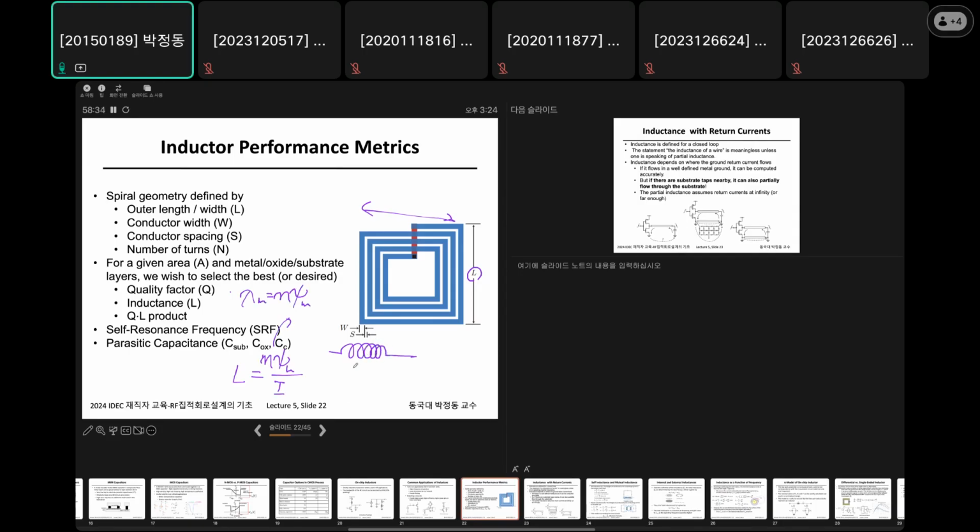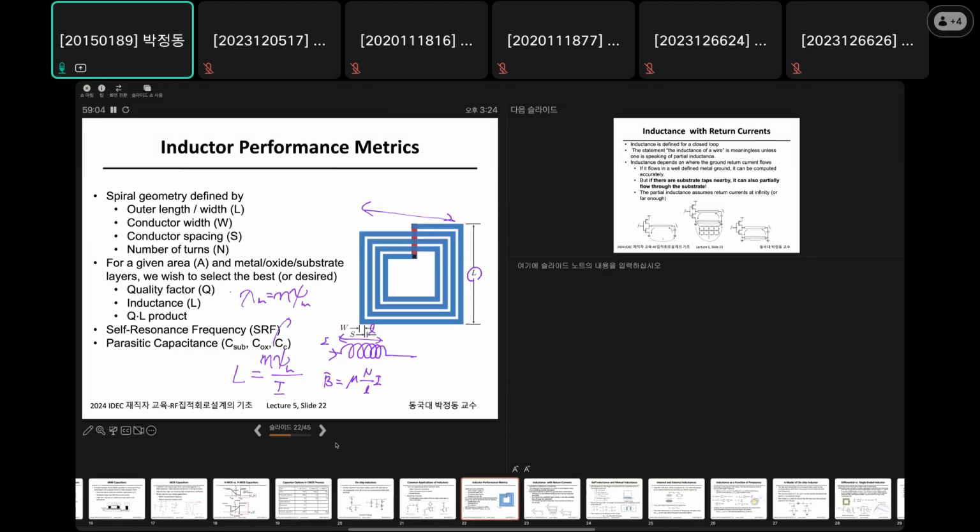For the solenoid, B is given by mu, and let's say this is the length l, and the number of turns n, right? And if current I is conducting, then it looks like this, right?